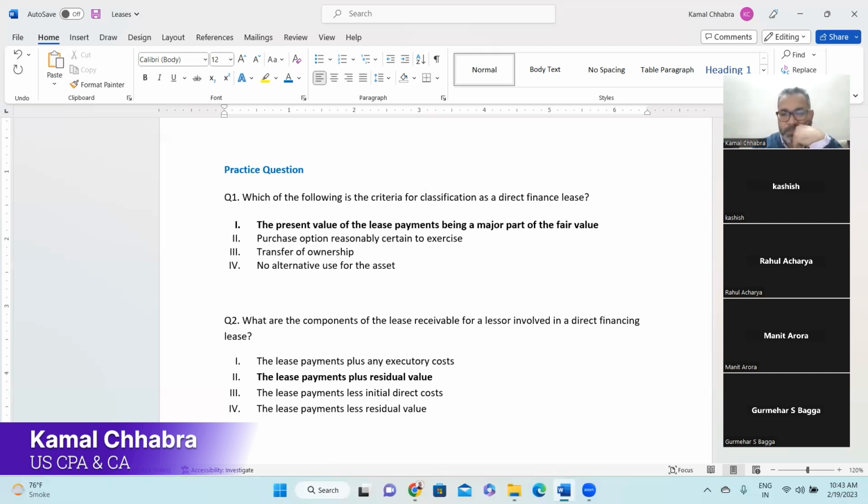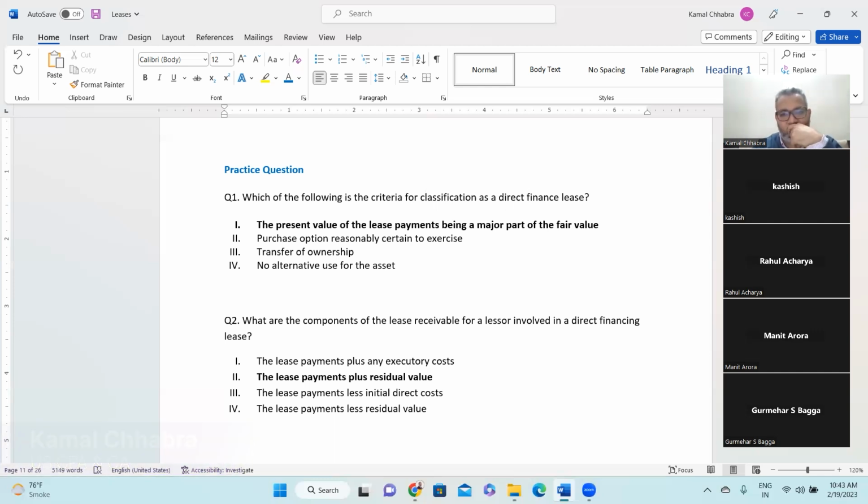Okay, first, Rahul, the first point is a direct sales lease from the lessor's point of view, isn't it? A direct sales lease would be when you have the expected amount equal to or more than the present value of the asset.